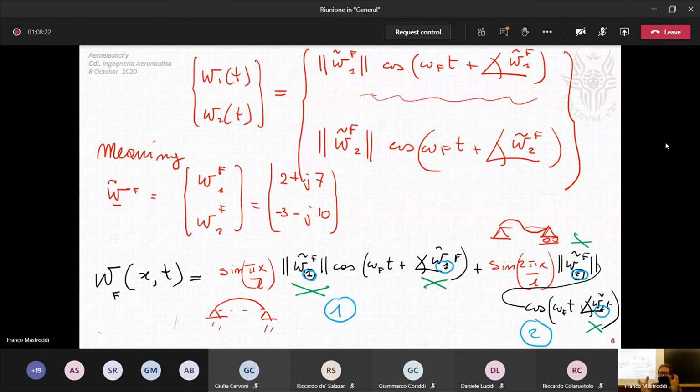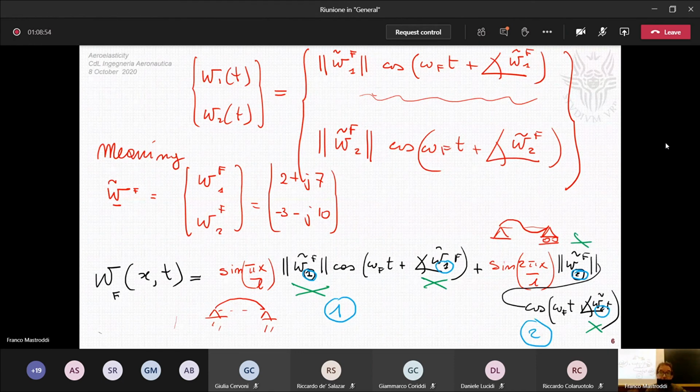This quantitative way for evaluating this influence is given by the components of the critical eigenvector. As components of the critical eigenvector, you have two complex numbers, and these two complex numbers in modulo and phase are giving to you the contribution of the first mode shape, namely the structural mode shape, and the second structural mode shape as contribution to the flutter analysis.